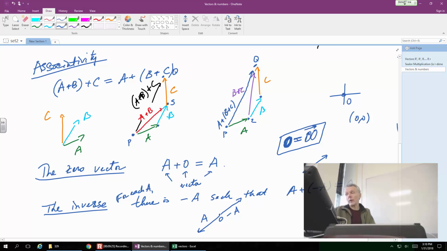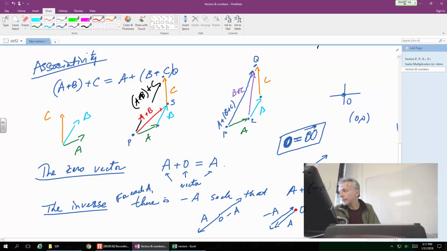If you plot these two, how do you add two vectors? You take one, so I take A over here, and then I take the other one and align its beginning with the ending of A, like this. So I align them together, and indeed the addition will bring me back to the origin.